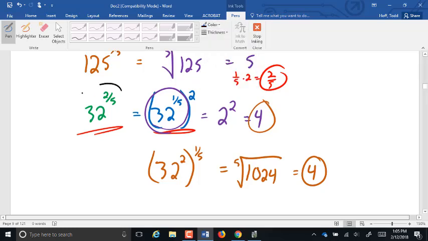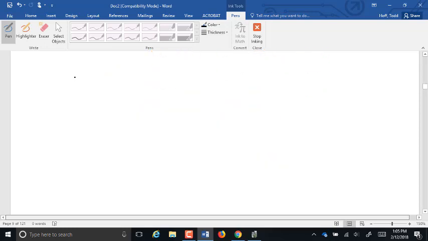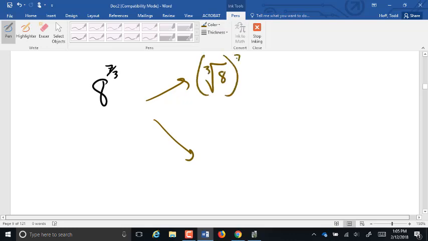So when we have a fractional exponent like that, it means two things are happening to our number. Eight to the power of 7/3 is saying one of two things is happening here. Actually, both are happening, but you can pick which way you want it to happen. It is either the third root of 8 to the power of 7.